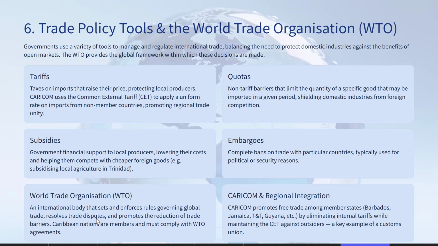Now in CARICOM, the whole purpose is to promote trade among member states, right? Trade among all the other CARICOM countries. That's why we don't have tariffs. We have no tariffs among our member countries, so we could trade with one another freely. We can also work in each other's countries freely.